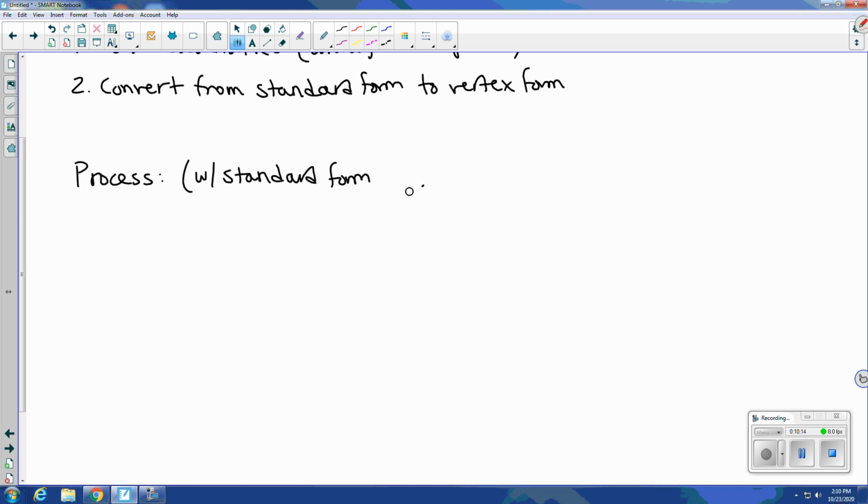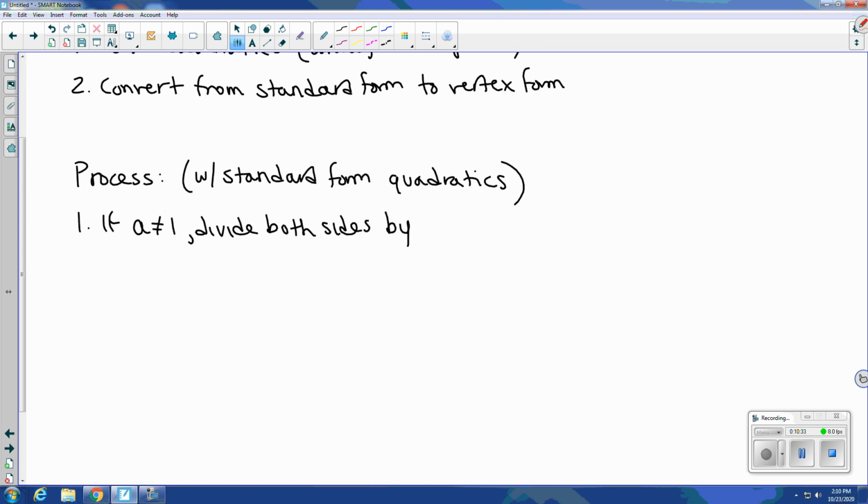Call standard form quadratics. Step 1. If a is not equal to 1, divide both sides by a. Actually, let's do that as the second step. Let's say our first step is actually to separate the variable terms and the constant term.